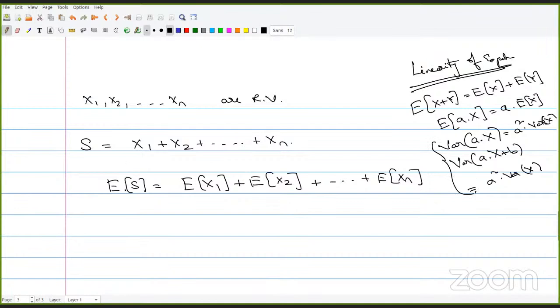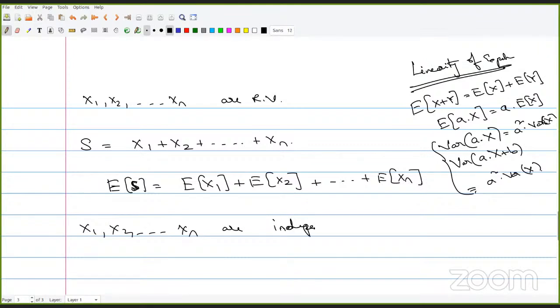So using that we get that the expected value of the sum of random variables is equal to the sum of the individual expectations. And also we can talk about variance if X1, X2 and so on Xn are independent. No need to be identically distributed, but they should be independent of each other.